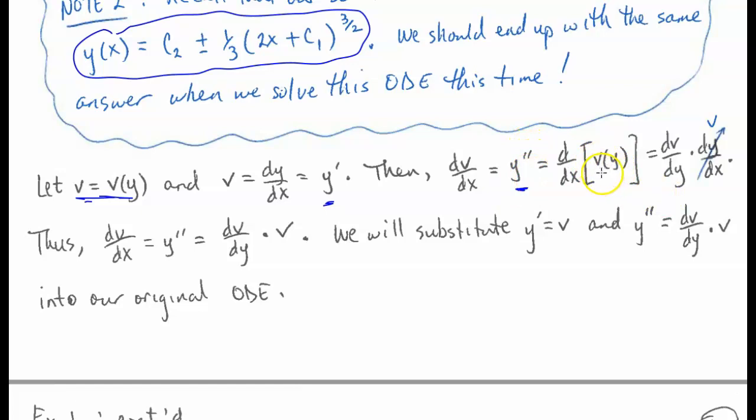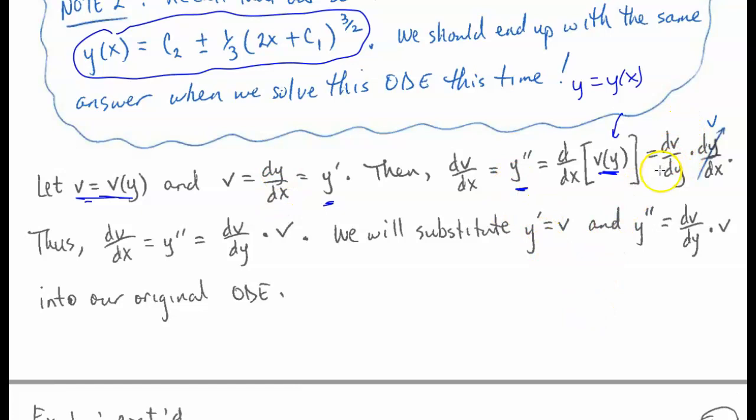But note that what we have inside here is a composition function, and we're going to have to take its derivative using the chain rule. Although v is assumed to be a function of y, we know that y is going to have to be a function of x, and we know that because we said the derivative of y with respect to x. So that's an assumption that we have here.